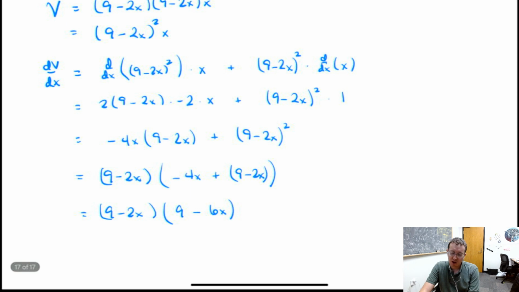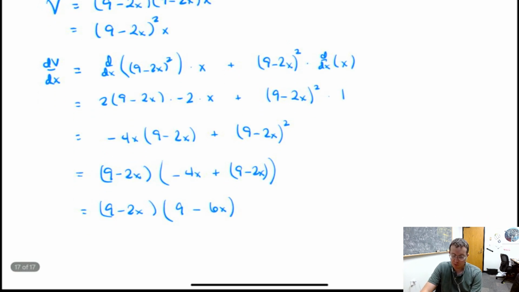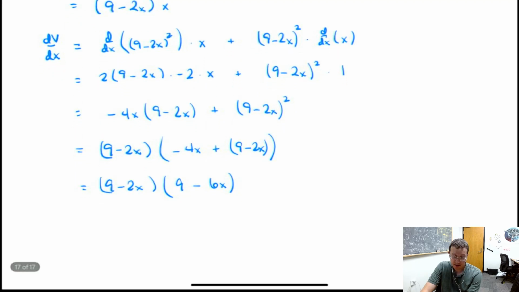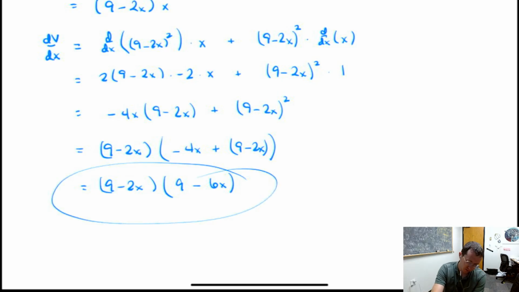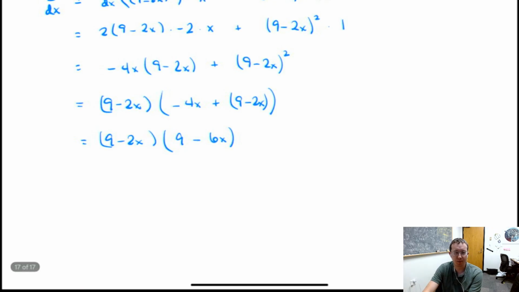I made this point a couple of questions ago that it's important to remember that critical numbers happen when the derivative is undefined. So we should always think about that, but that doesn't happen here. This is a quadratic. There's no value of x that makes this undefined.